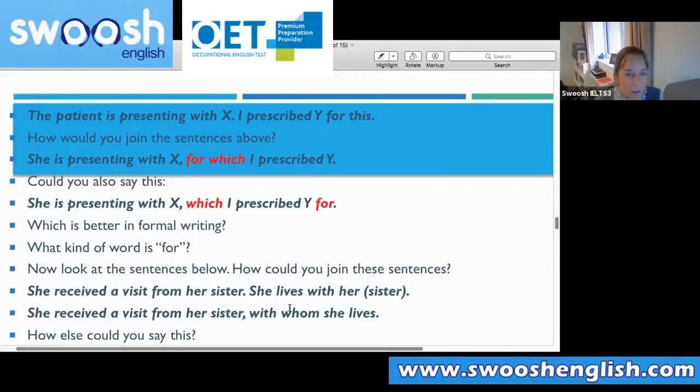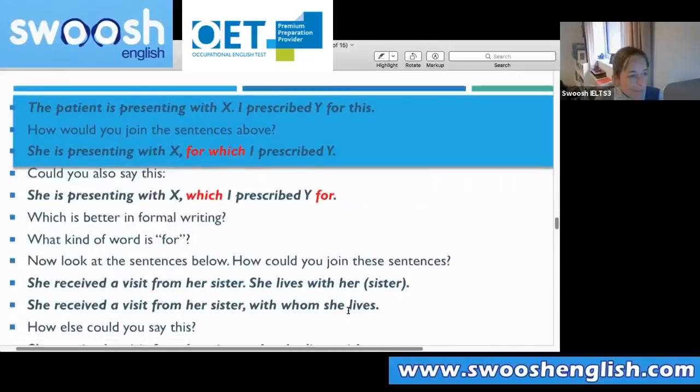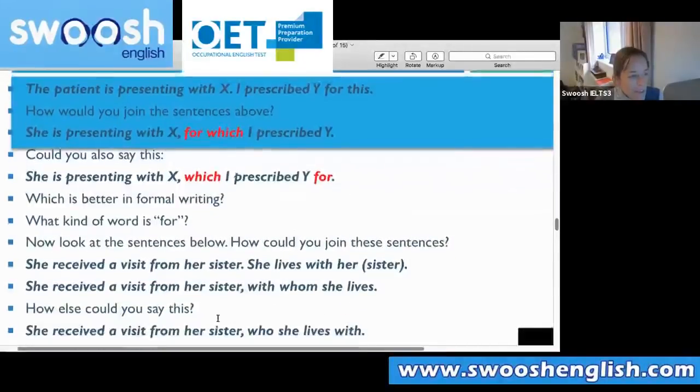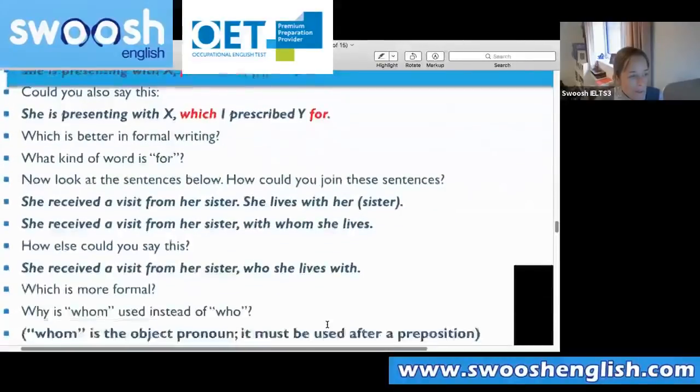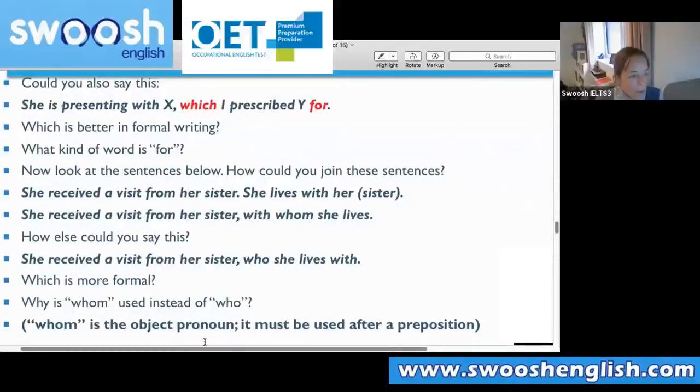You can't say with who. So you have to say with whom she lives. There we are. She received a visit from her sister, who she lives with. Informal. So whom is the object pronoun. It must be used after a preposition.